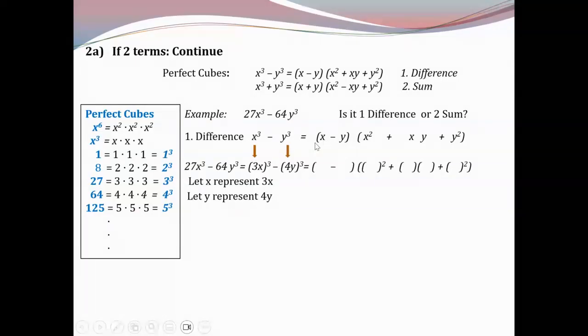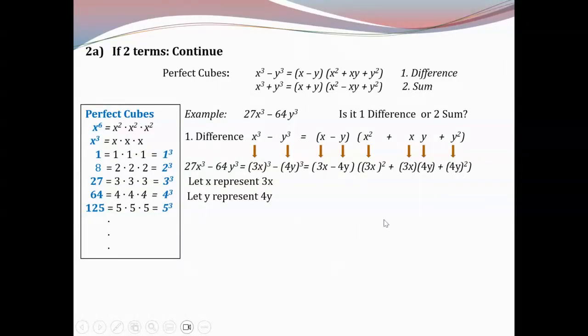Okay, so x is going to be 3x. The y, we're going to put 4y. For x squared, we're going to put 3x, and for the y, we're going to put 4y. And for the y squared, we're going to put 4y also.